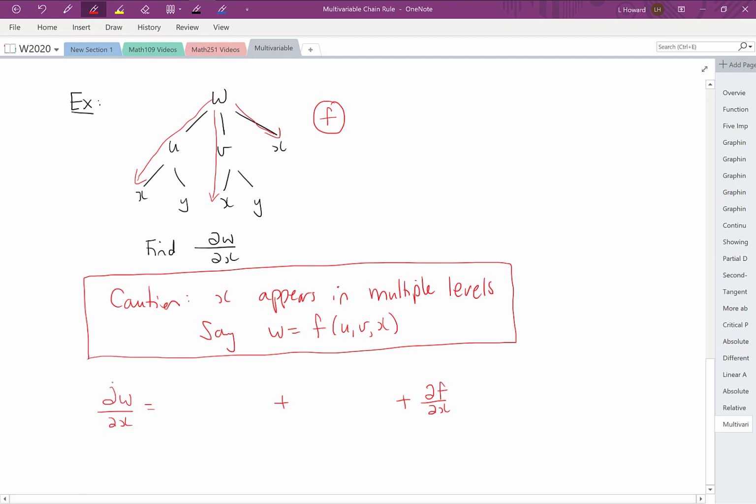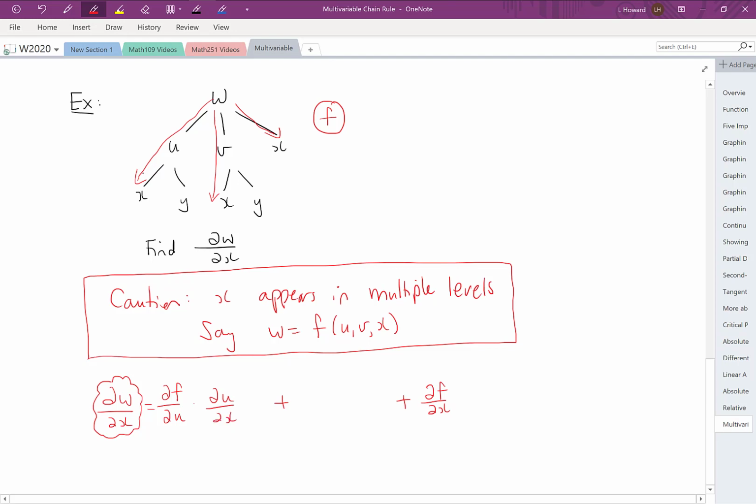So the idea behind the notation is that this thing on the left captures the entire expression of the rate of change of w with respect to the variable x, and we're saying that entire rate of change is a contribution of three different things. So in the first path, for example, we want to say something like partial derivative of f with respect to u, and then times the partial derivative of u with respect to x.